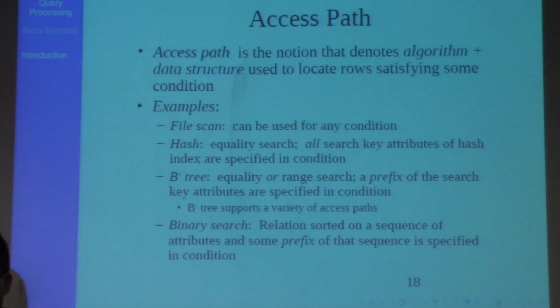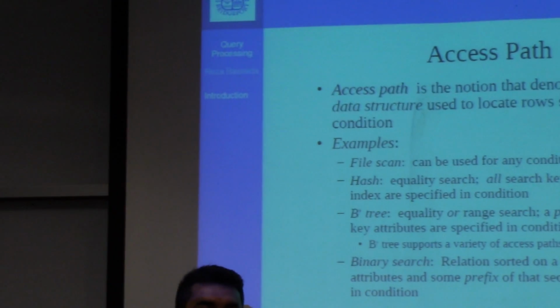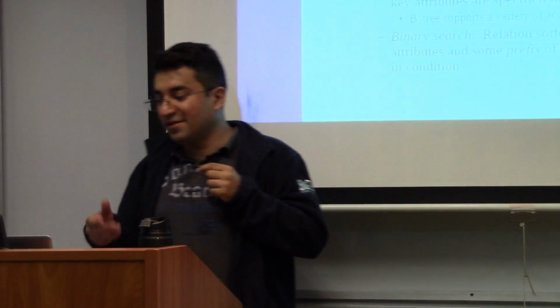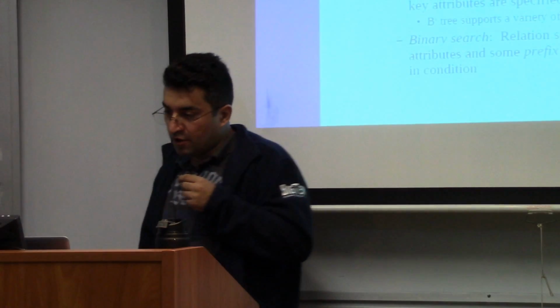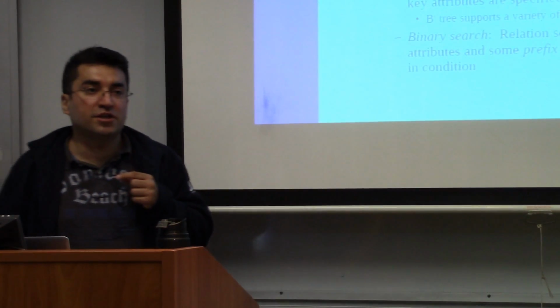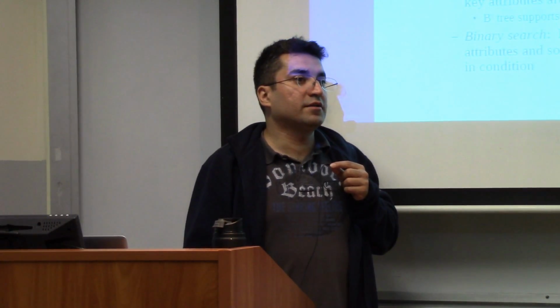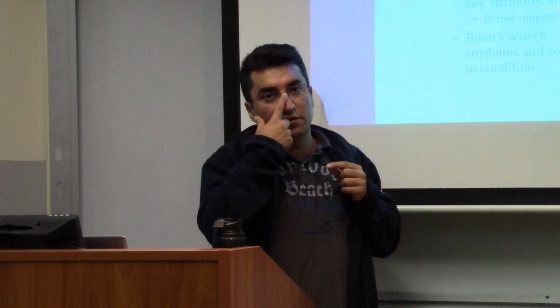What is the second access path we know? Monica was saying something. Indexing. Indexing, and one of the indexing was hashing, right? What was the hashing access path? In hashing, you have a hash function, right? What was the hash function?